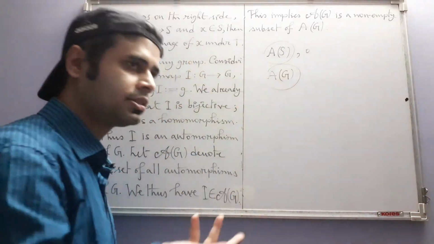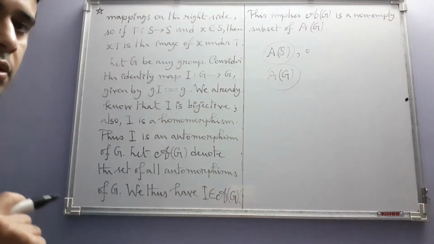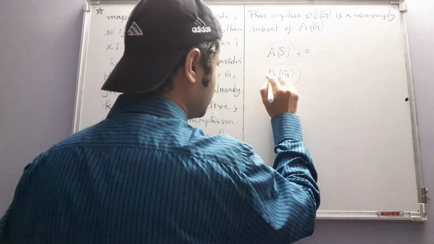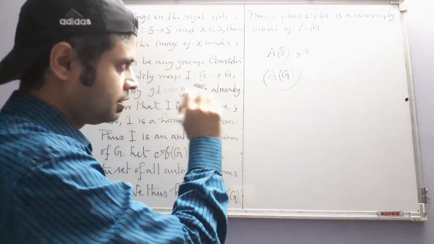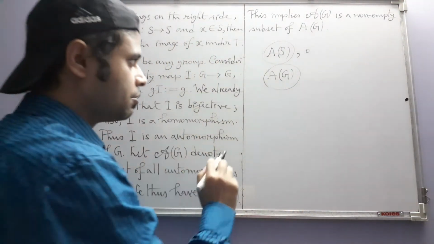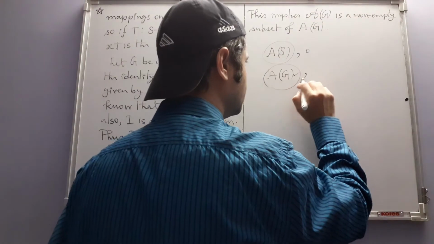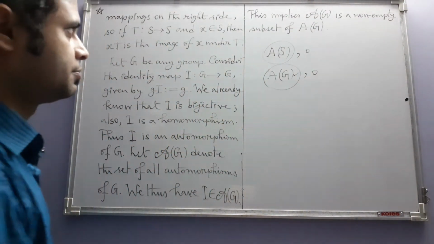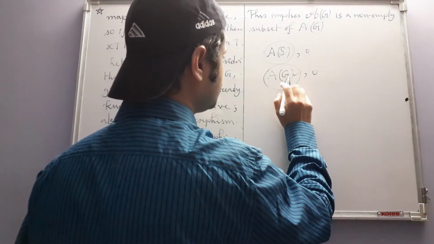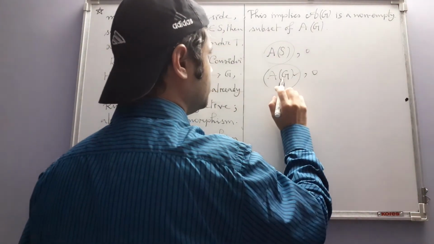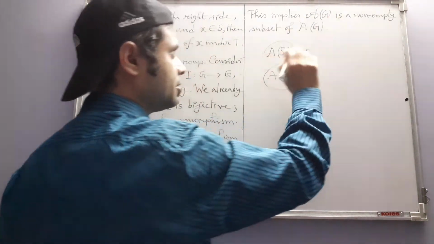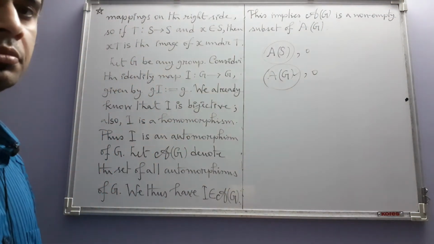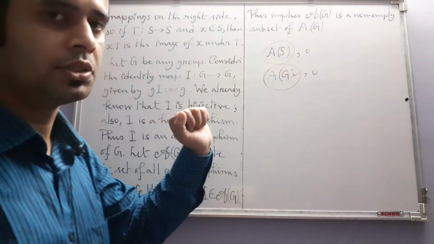G after all is a non-empty set. Being a group, it's a non-empty set. So for that we can form this A(G), and we know that A(G) itself is a group under composition of mappings. Now this is also a group, that other A(G).